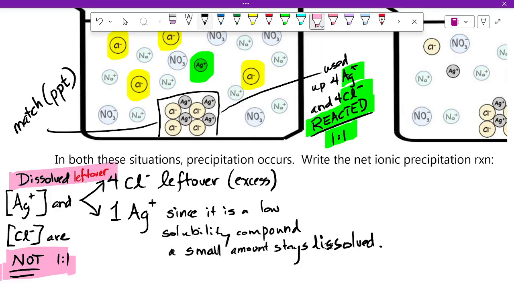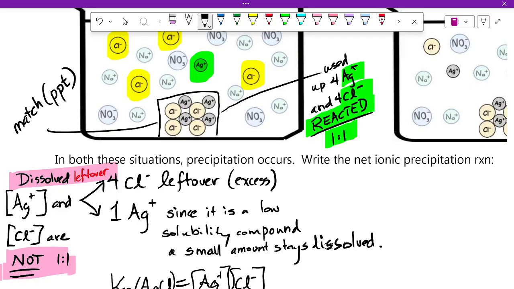What would our KSP be for this particular beaker? KSP of AgCl equals what? How would we write the expression? Concentration of Ag plus times the concentration of Cl minus.